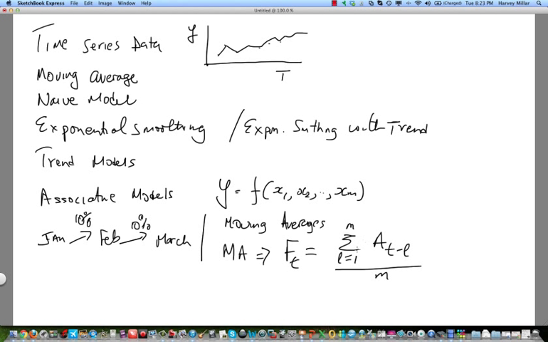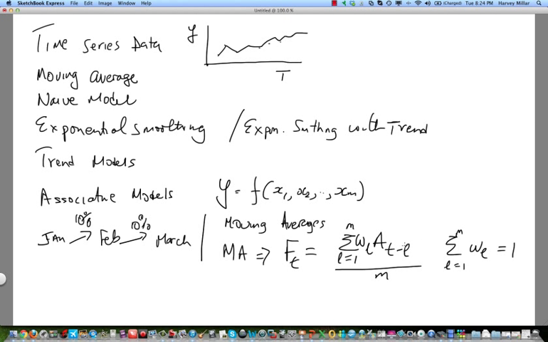Now what if we had weights to this? If we wanted to make it a weighted moving average, we could simply add a weight in here, WL. And WL would be such that the sum of WL, L equal to 1 to m, means the weights would just add up to 1. Alright?